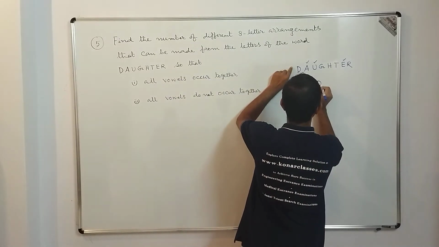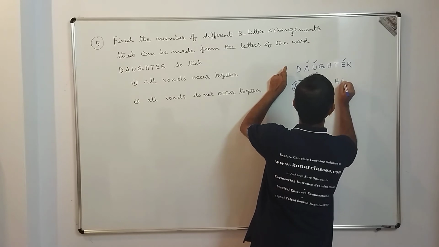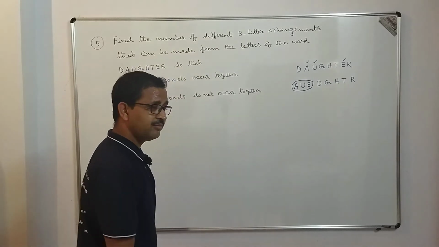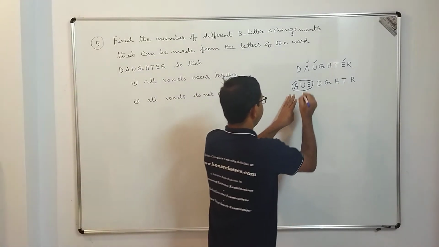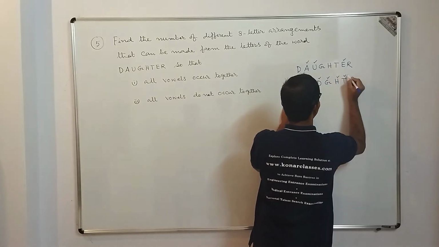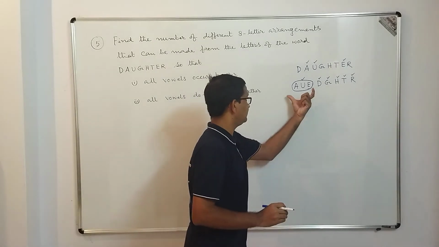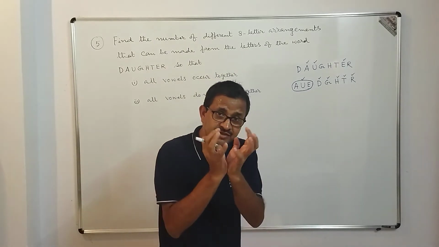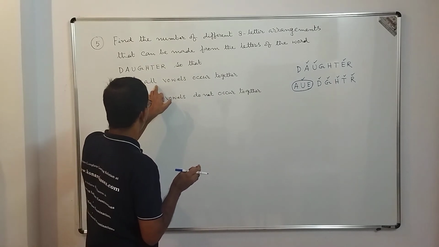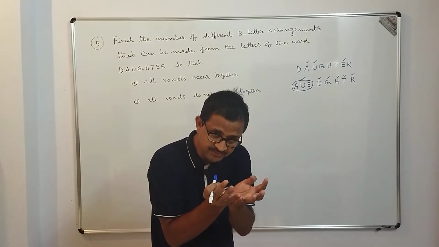We get D, then G, then H, T and R. So total how many objects now? 1, 2, 3, 4, 5, 6. Total 6 objects, because A, U and E I club together and make a single object. Why so? Because the first question is that all vowels occur together.